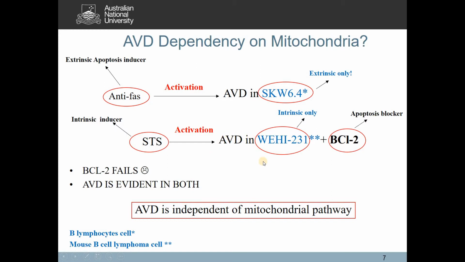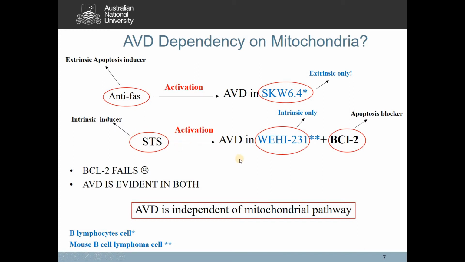So what does it mean? This means even if you inhibit the mitochondrial pathway, even if you inhibit the intrinsic pathway, apoptotic volume decrease is not inhibited. So this means this AVD must not depend on mitochondria whatsoever.